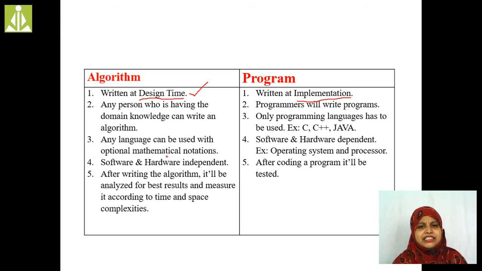While writing these mathematical algorithms, we can use this mathematical notation, whereas in the case of a programming language, we have to follow some set of rules that are given in the programming language, right? For example, abs value is the absolute value, right? You know the absolute value.